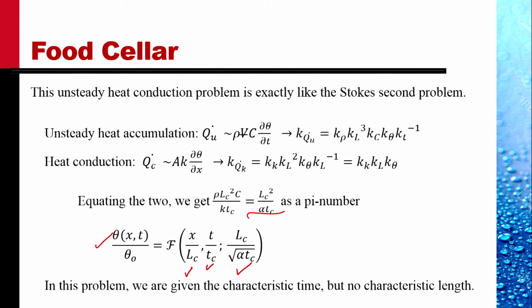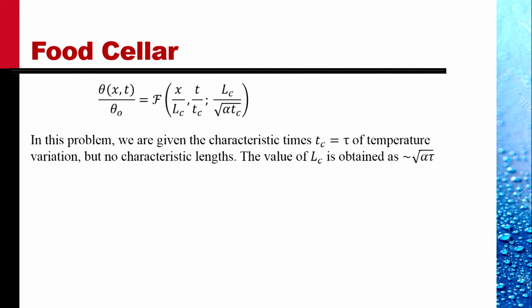But there is no characteristic length. As we have seen in the last examples, we can use this to find the characteristic length. And what will be the interpretation of the characteristic length? The same as before: the distance through which the variation of temperature at the surface penetrates, the penetration depth.